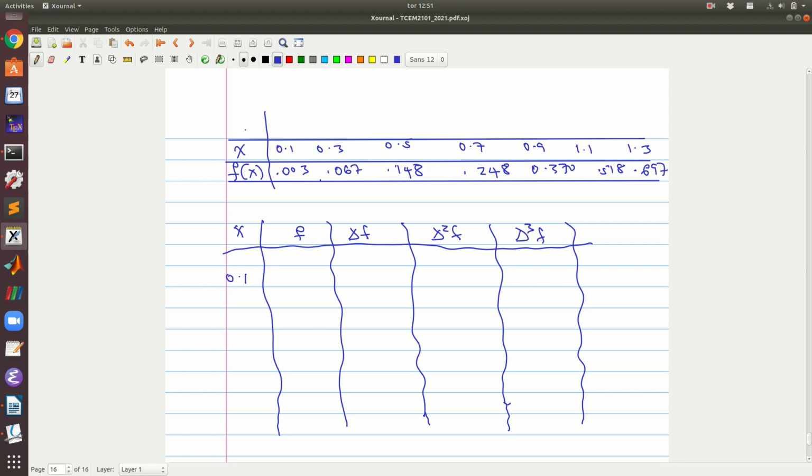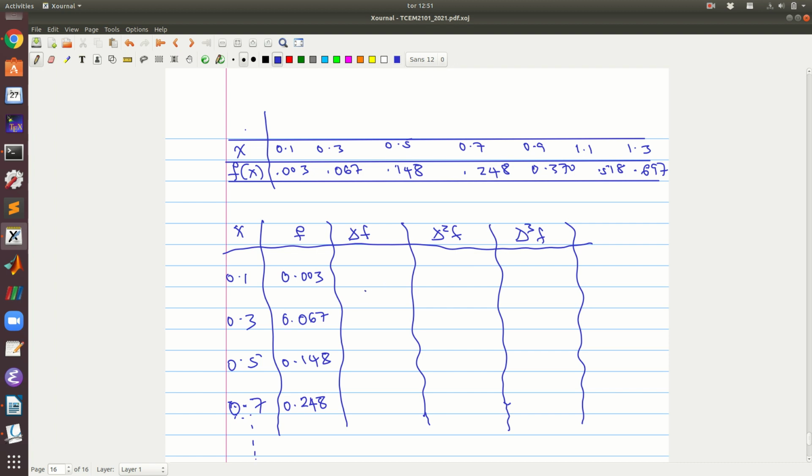So x, you just fill in the values here. This is 0.3, this is 0.5, and so on. So corresponding values for f, this is 0.003, this is 0.067, this is 0.148, this is 0.248, this one 0.7, and so on.